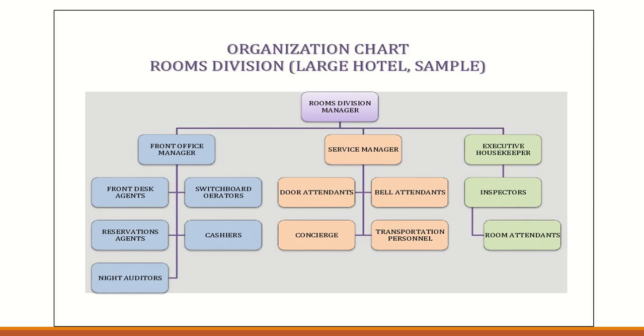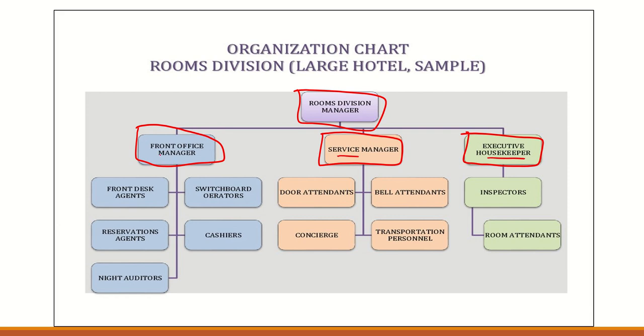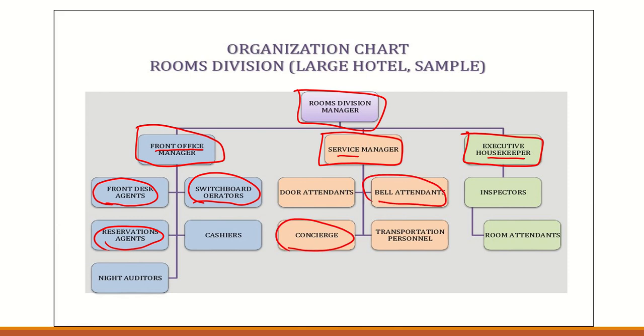And right here, again, this is the organization chart. Under the rooms division, there are front office, service, and housekeeping, three main departments. We are now talking about front desk and also reservation, and also operator, right? And also service, which is concierge and bellboy or porter.